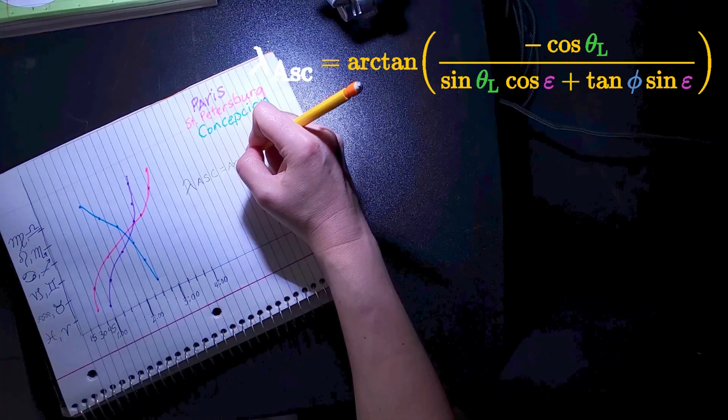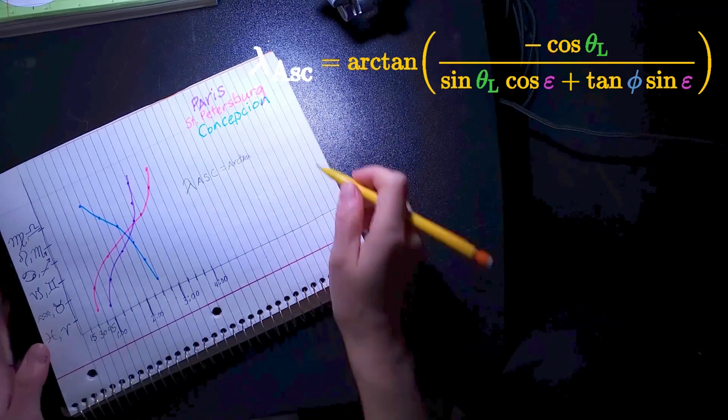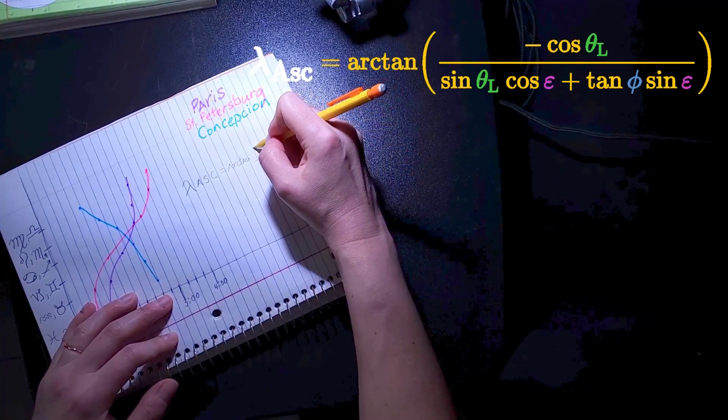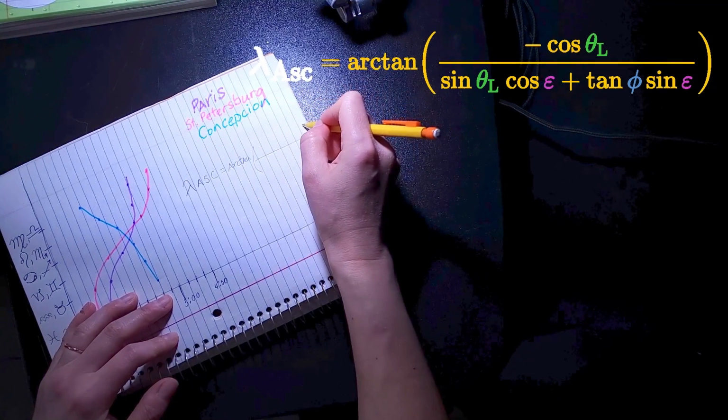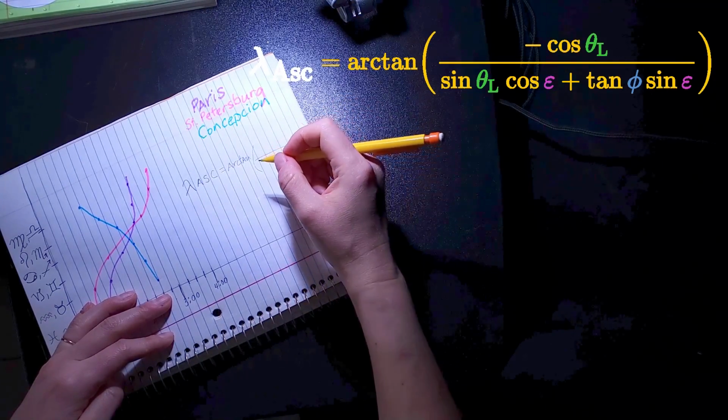This equation is taken from John Meeus's 1991 book, Astronomical Algorithms, and I will be linking a PDF of that in the description.